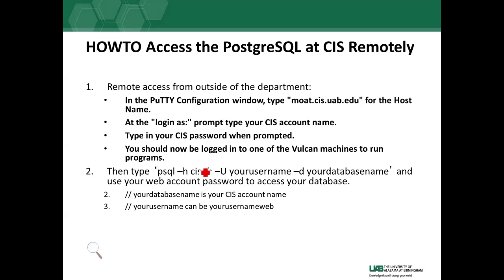This slide recaps how to use PuTTY to access the PostgreSQL at CIS remotely. You need to first use your CIS account and password to log into one of the Vulcan machines at CIS through the SSH gateway called moat.cis.uab.